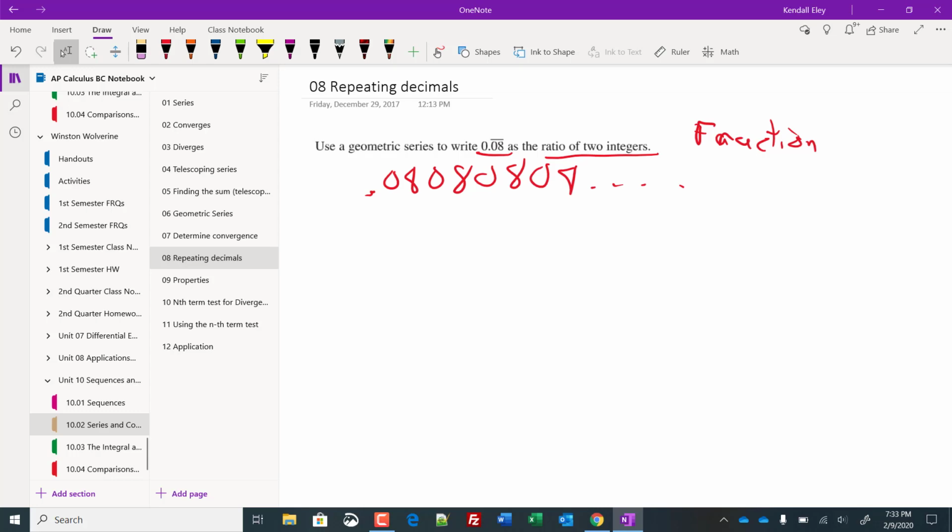So what we can do then is we can think of this as, well, these first 2 numbers, that's 8 over 100, and the second 2 numbers, we get that by adding 8 over 1000, and the next 2 numbers is 8 over 10,000.